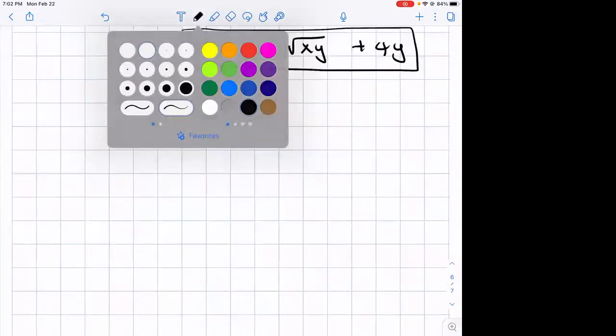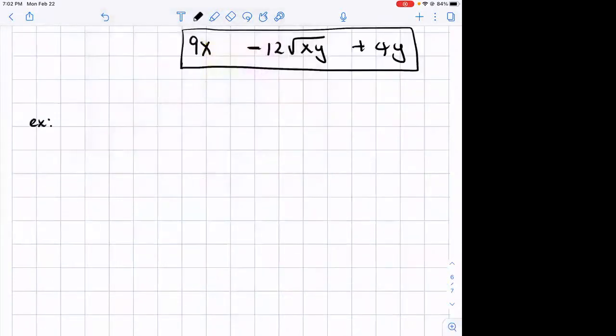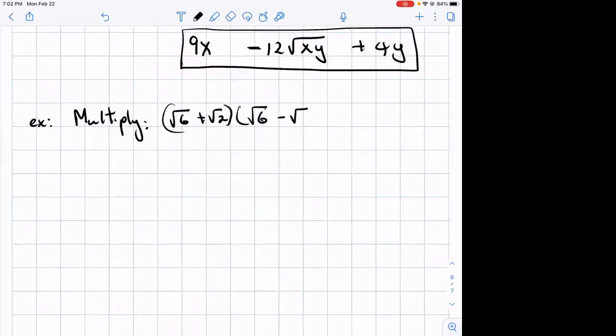Now, in my next example, if I ask you to multiply root 6 plus root 2, and then we have root 6 minus root 2. So notice that this is the difference of squares, right? These are exactly the same, except the signs are different.